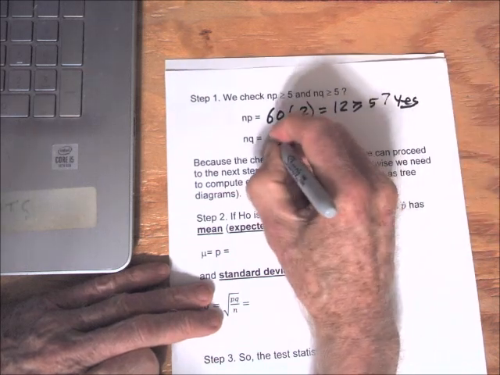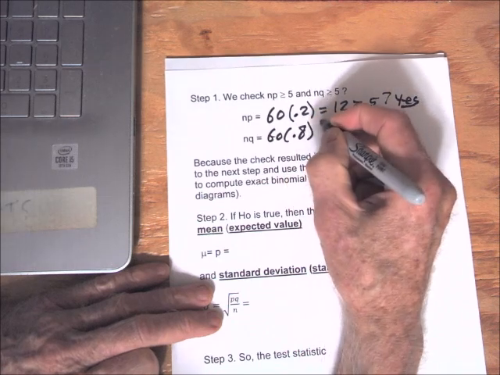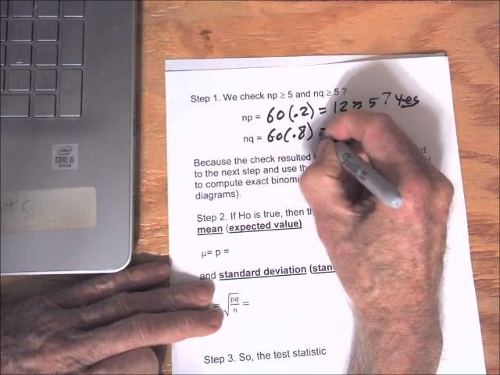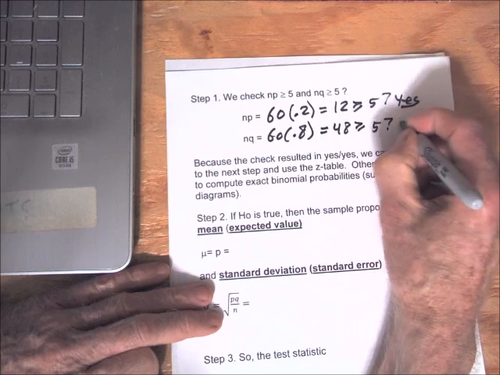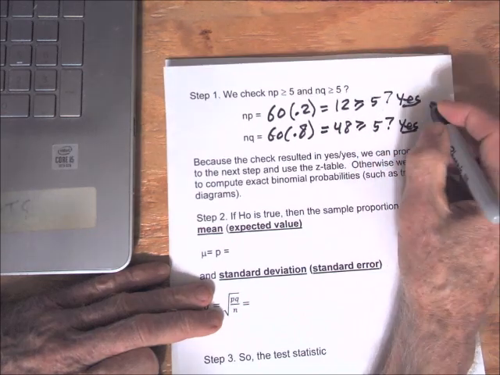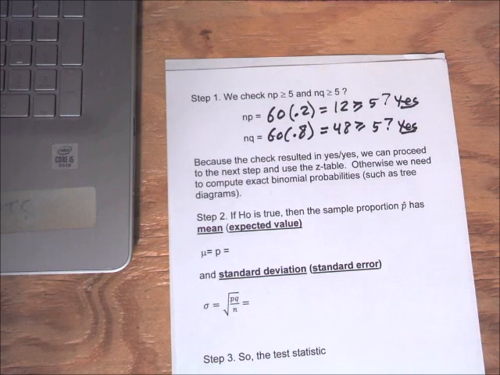And then 60 times q, that's the proportion Maddie would get wrong in the long run if Maddie is guessing, it's 48, greater than or equal to 5, and that's a yes. So when you get 2 yeses, that means we can use the z-table to find the approximate probabilities. Otherwise, we would need to use the exact binomial probabilities.